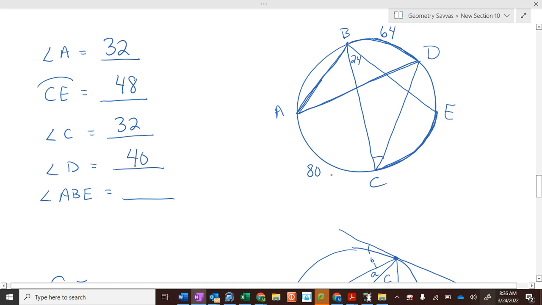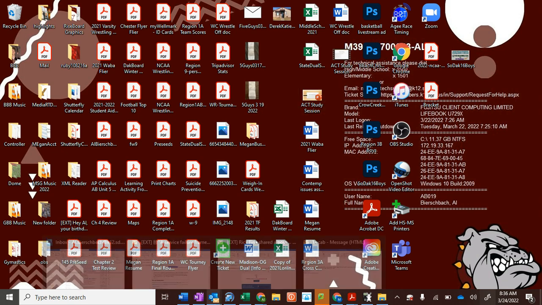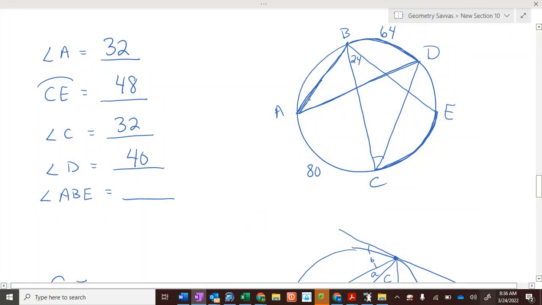What's ABE? There's more than one way to do this. Angle ABE, from here to here.